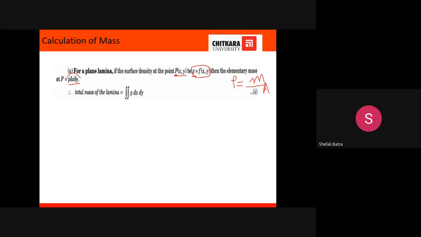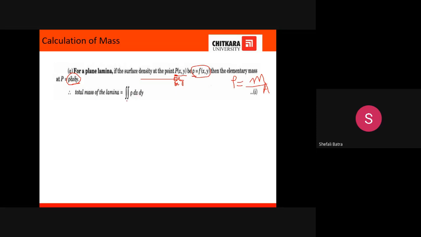When I'm talking about this, so this is a P point, very small rectangle having delta x and delta y. But I need to find out the mass of whole plate, whole lamina. So what will we do? We will integrate that. If it is over area, dx dy, so it means we need to put here double integral.